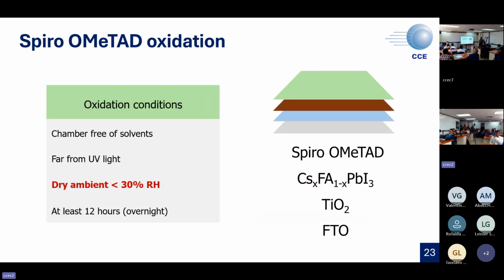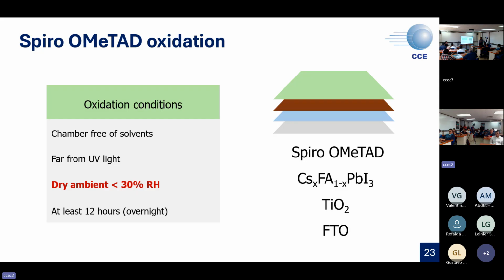And finally, we need an oxidation process in order for spiro-OMeTAD to reach adequate conductivity values to work as a hole transport layer. In particular, it needs a chamber free of solvents, far from UV light, a dry ambient, and a process of around 12 hours.